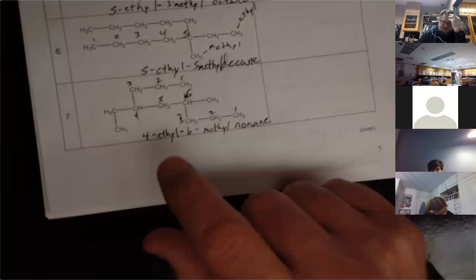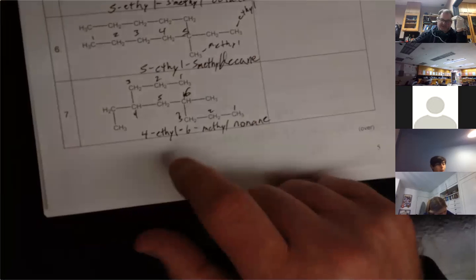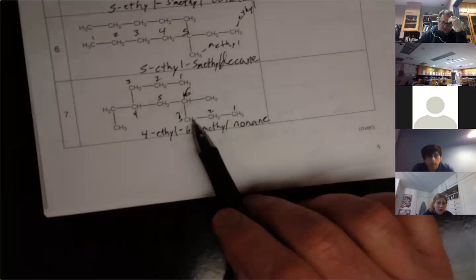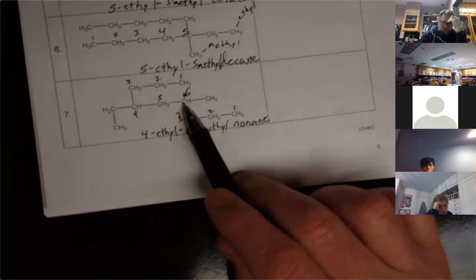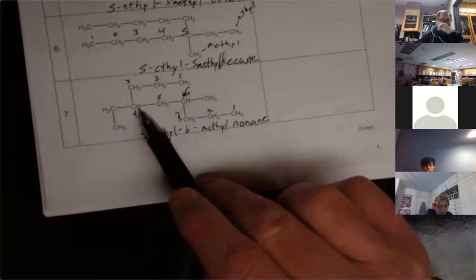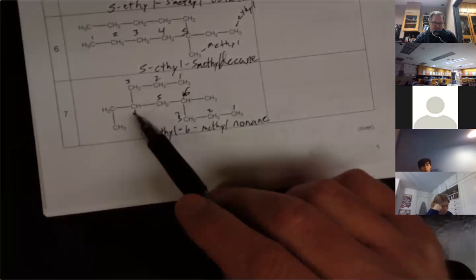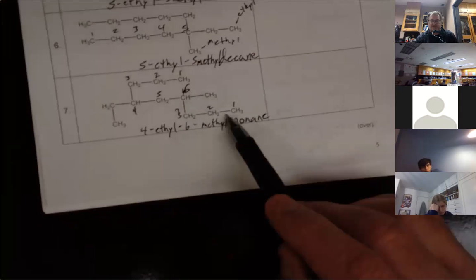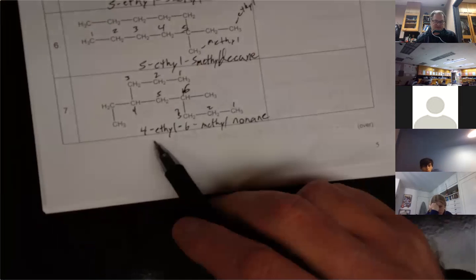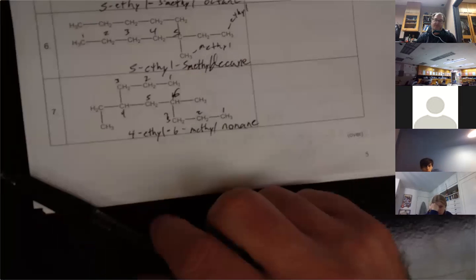And I think we did this one in class yesterday. And this one right here is kind of cool because what we've got is 1, 2, 3, 4, or 1, 2, 3, 4. So we've got 4, and we've got to decide whether we're going to give 4 to the ethyl or 4 to the methyl. Well, we choose to give the 4 to the ethyl because E comes before M, right?